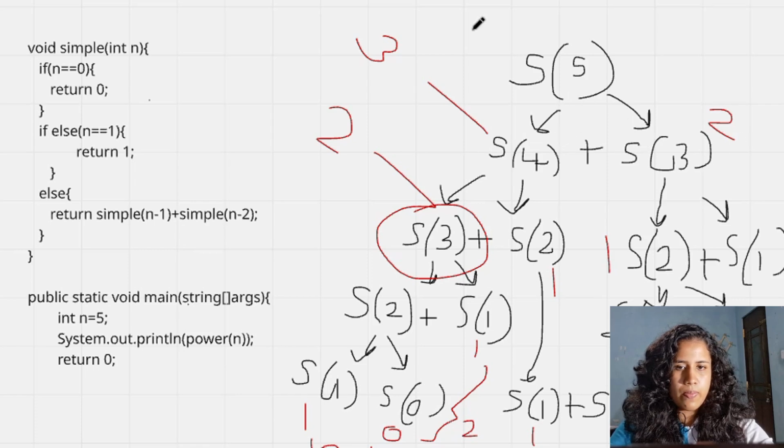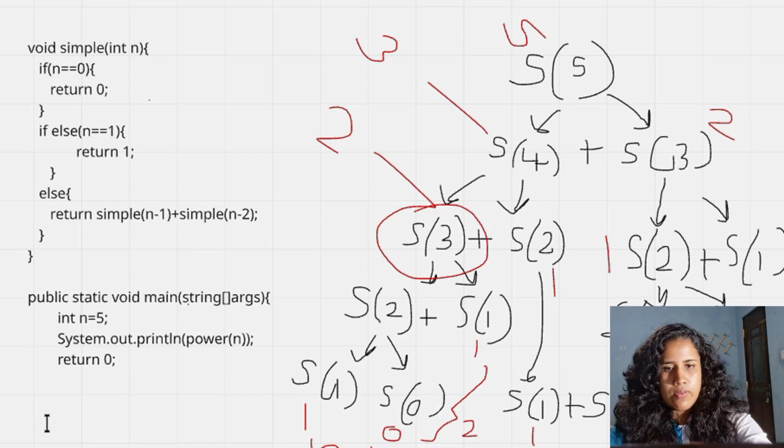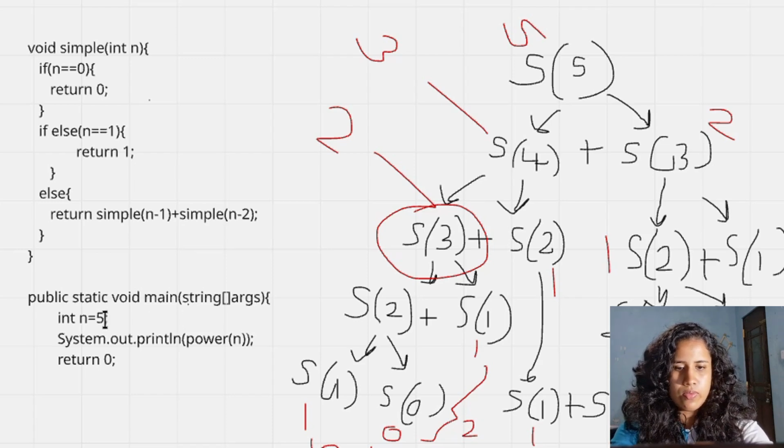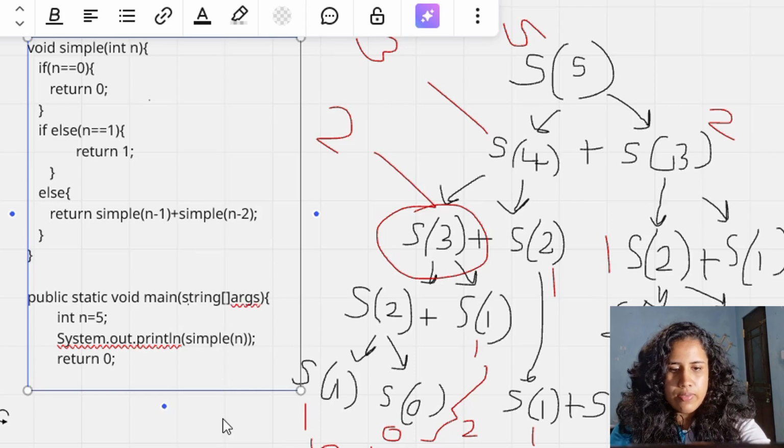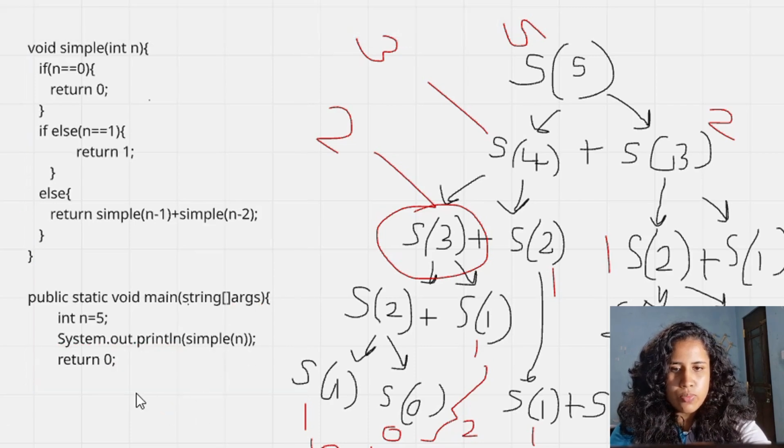So when n is 5, it will give us the output as 5.